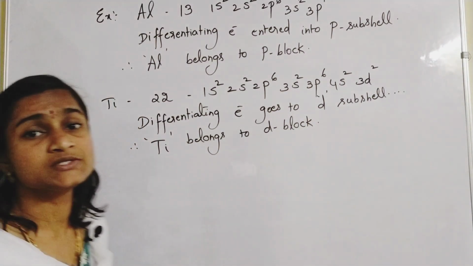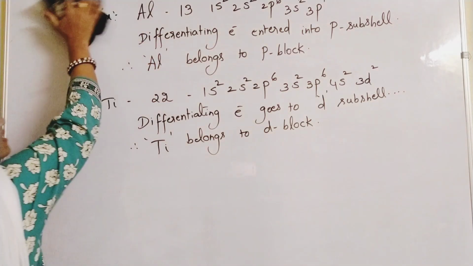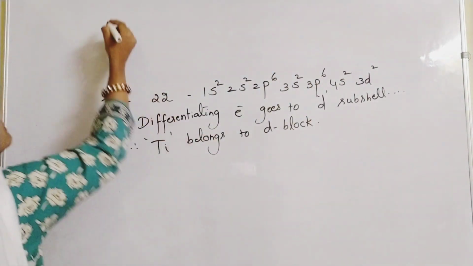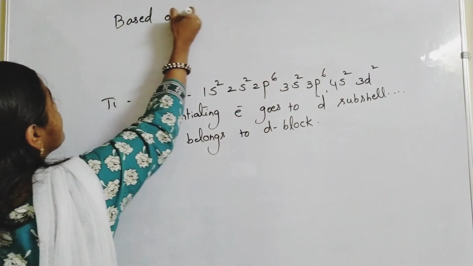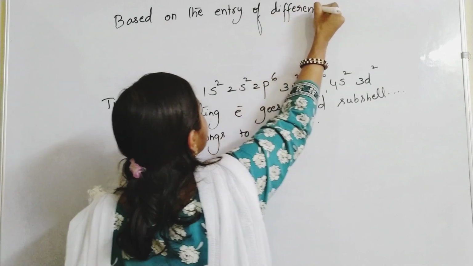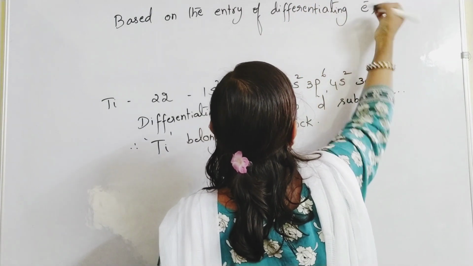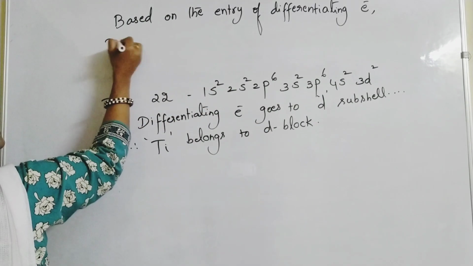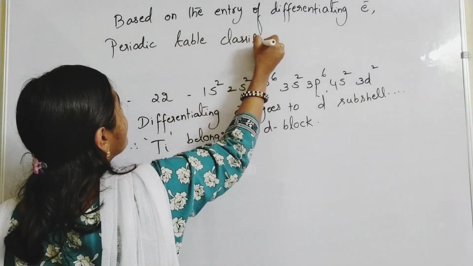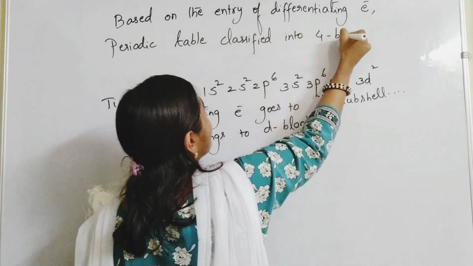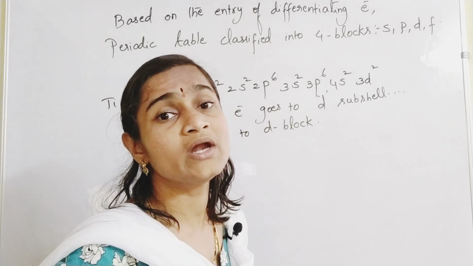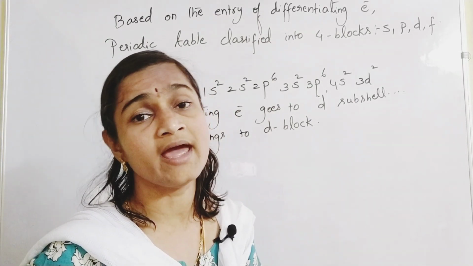The periodic table is classified into 4 blocks, based on the entry of the differentiating electron. What are those 4 blocks? S, P, D and F.